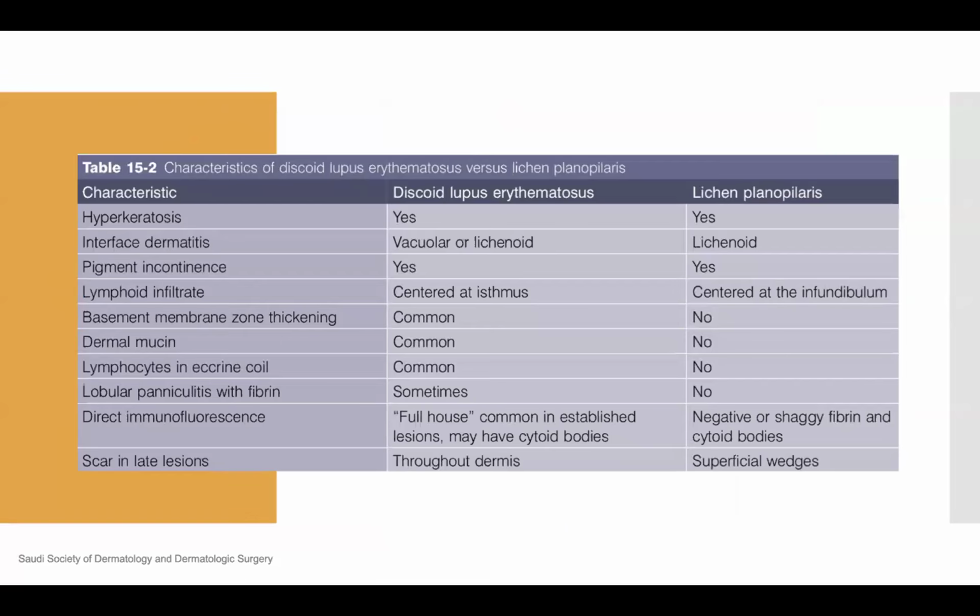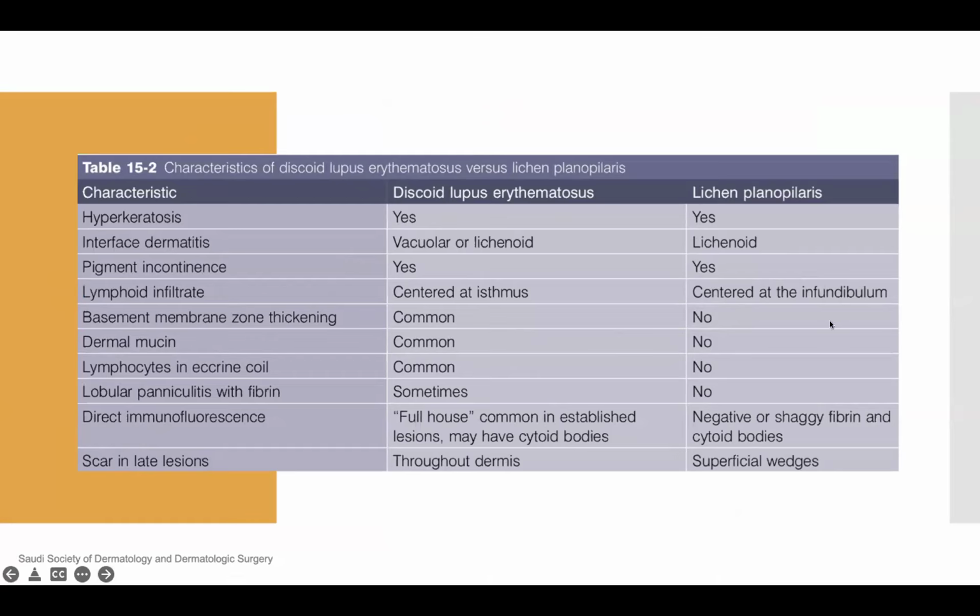This table shows the differences between DLE and lichen planopilaris in terms of histopathology. Both of them have hyperkeratosis and pigment incontinence, while mucin deposition, basement membrane thickening, and lymphocytes around the adnexa or the eccrine coil can be found in DLE. DLE direct immunofluorescence is a full house.